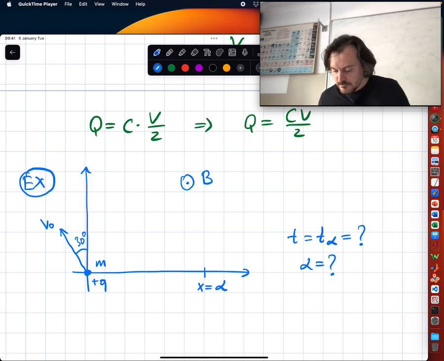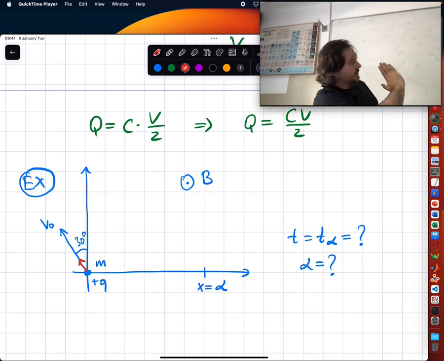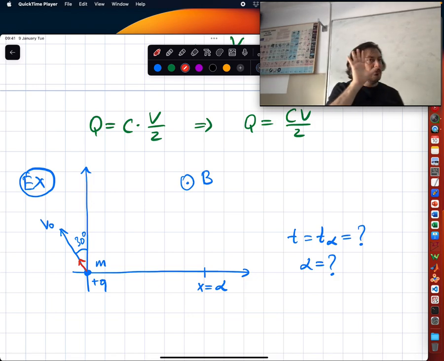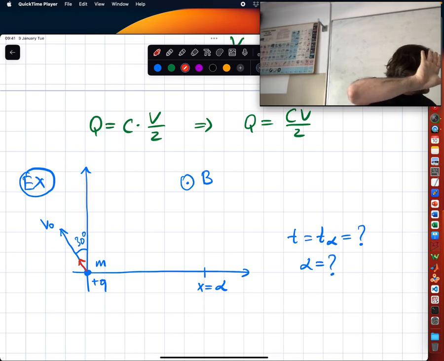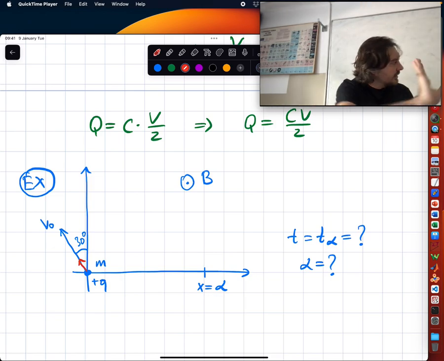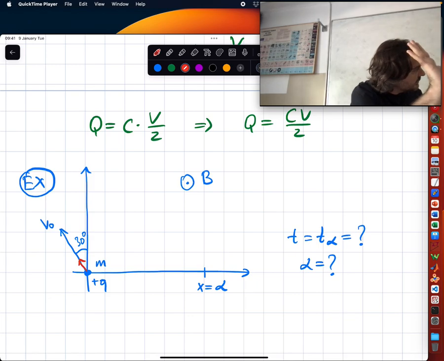So Q, v cross B, right? v is pointing in this direction, B is pointing out. So I put my hand together with v, B is coming out.